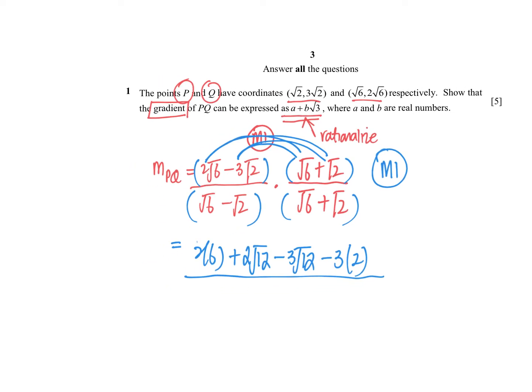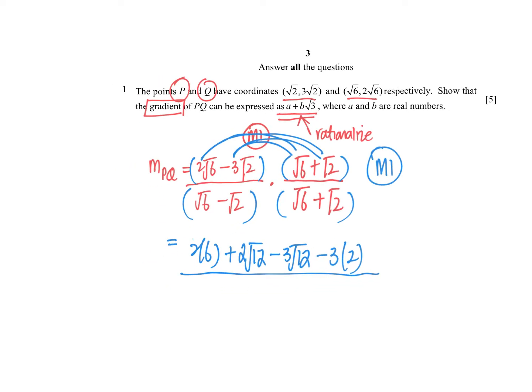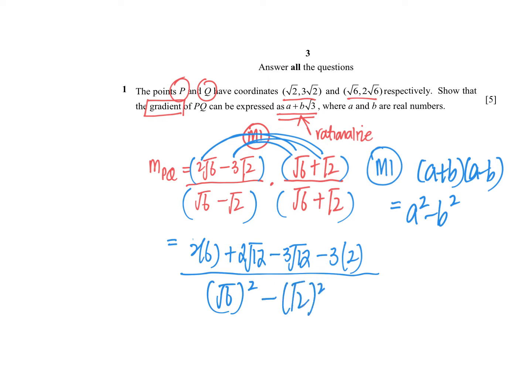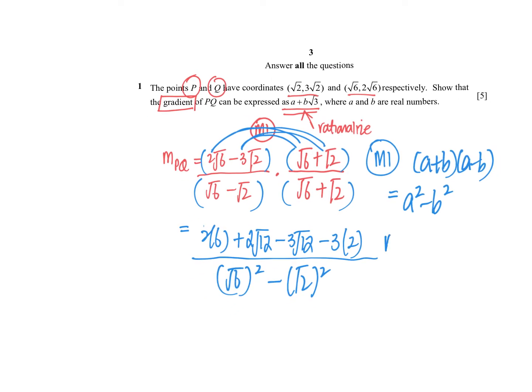Then of course, the denominator, it's a square minus b square, since we have a plus b, a minus b. So let's square root 6 and root 2. So if you can do this accurately, each of it, you get 1 mark.